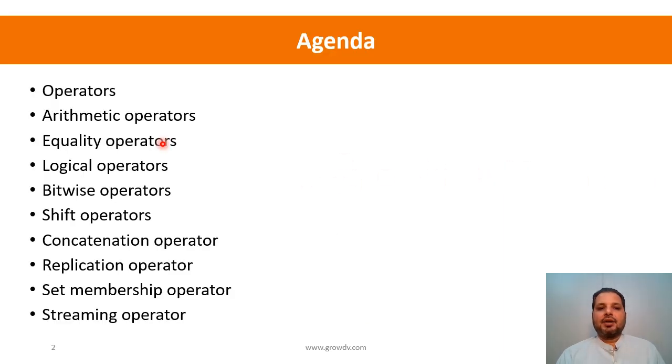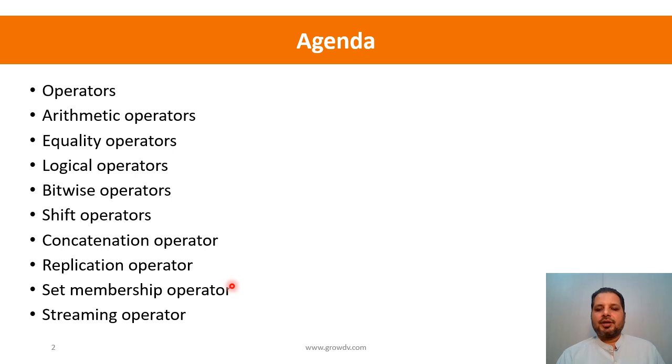So our agenda today: we'll look at the overall operators that are supported. We'll look at the arithmetic operators, then the equality operators, then the logical operators, then bitwise operators. Then we will look at the shift operators and the concatenation operator. This might be something new for you guys. The replication operator is something new. We'll spend some time over here.